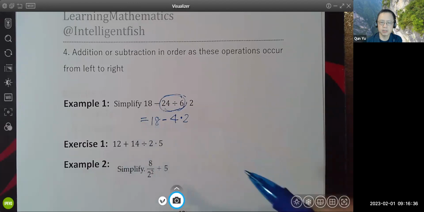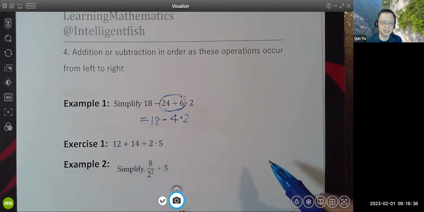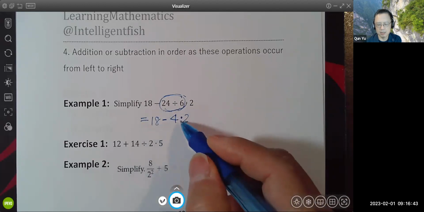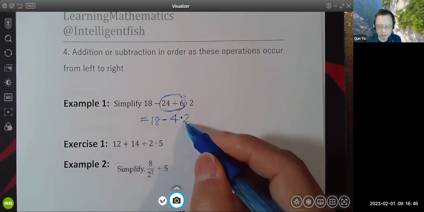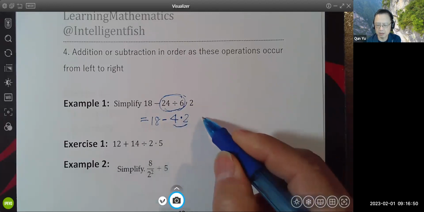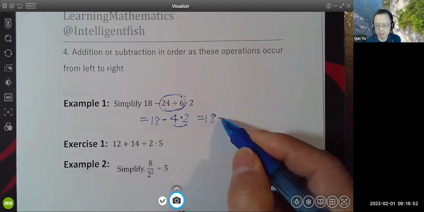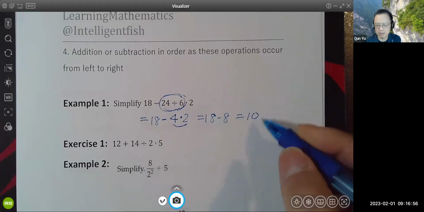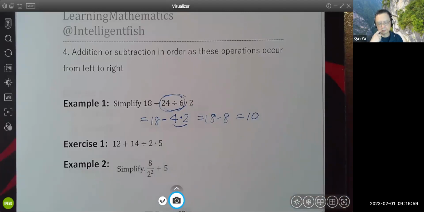Now we have a new, updated expression. Now we only have 2 operations, and multiplication has higher priority. So we do this multiplication first, which is 8. So we get 18 minus 8. Eventually the final answer for this whole expression is 10. As long as you follow the order of operations and you don't make a calculation mistake, you're going to get the correct answer.